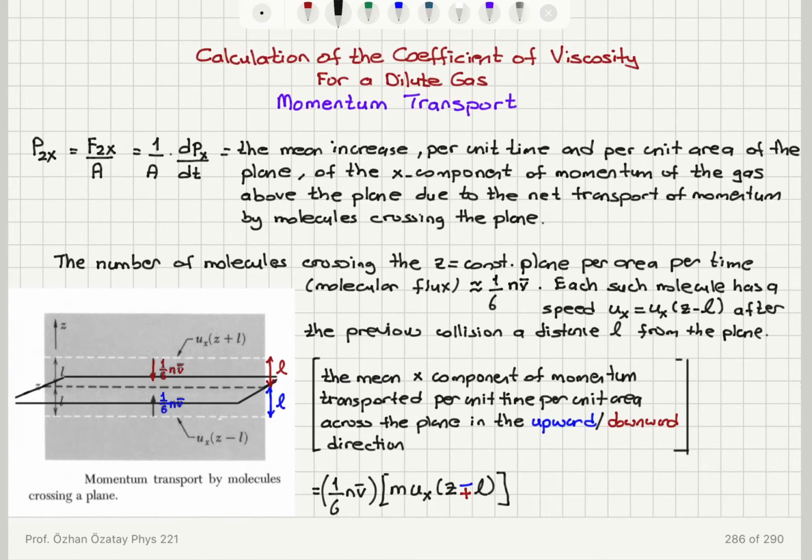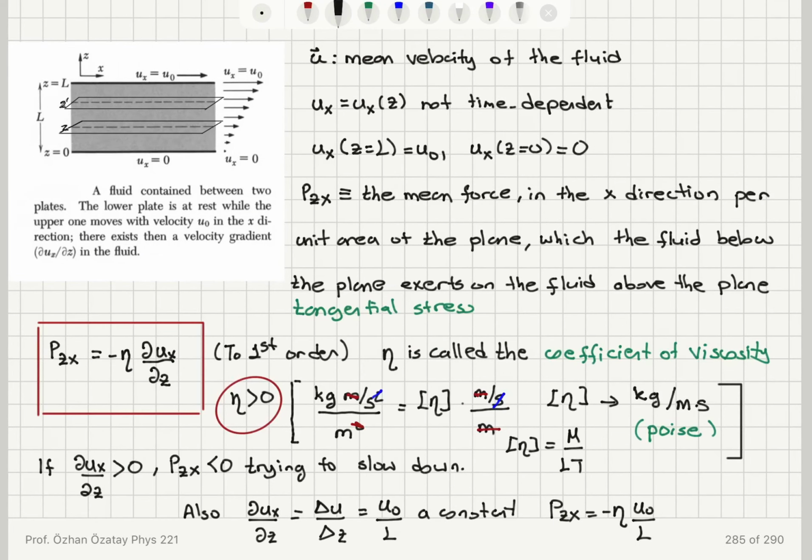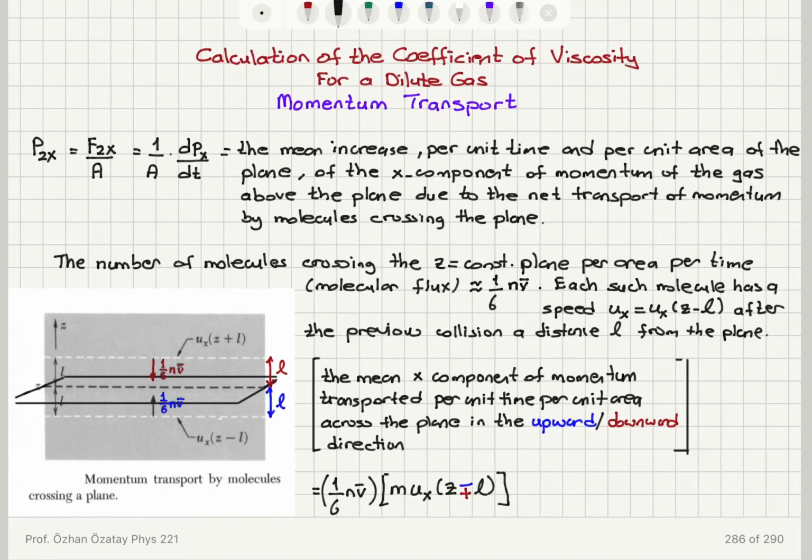That gives us a factor of 1 over 6, without considering the spherical distribution of molecules. If you consider the spherical distribution, you would find out that it is 1 over 4 n v bar instead of 1 over 6 n v bar.